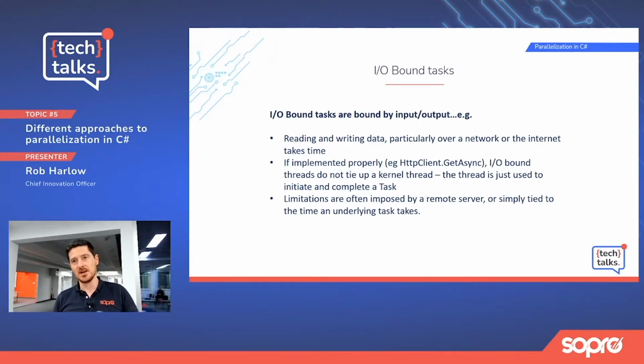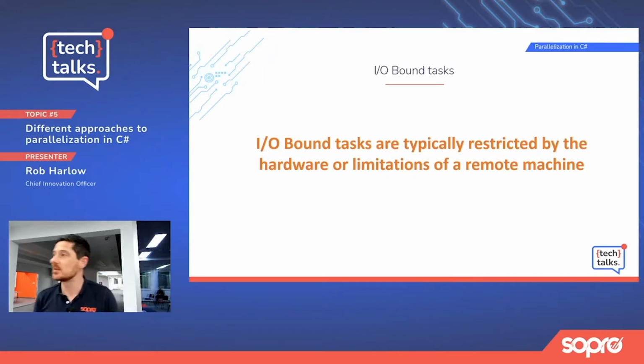They don't take up threads in the underlying hardware, and C# is very good at allowing a lot of these to be run simultaneously using async and await. HttpClient is a great example. However, limitations are generally hit by remote servers. The key part of I/O bound tasks is they're restricted by the hardware limitations of a remote machine, basically something that is not under your control.